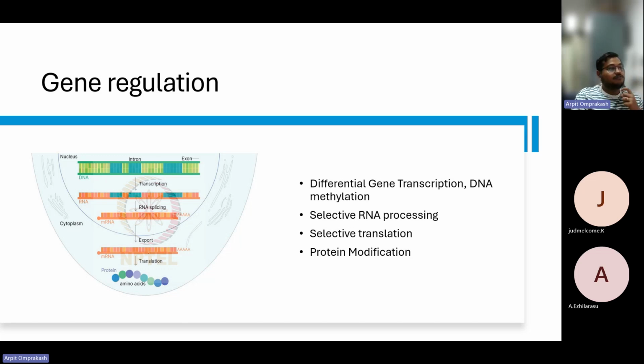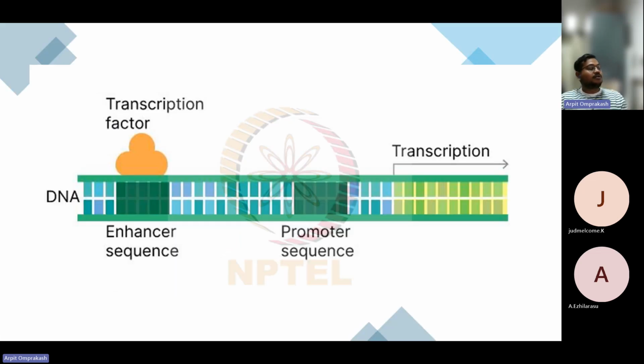There can be selective translation, where after the RNA comes out, it sometimes disintegrates, or another molecule binds to the RNA and prevents its translation. And then there can be protein modification, where after the protein is formed, or while it is being formed, some modification happens to it.